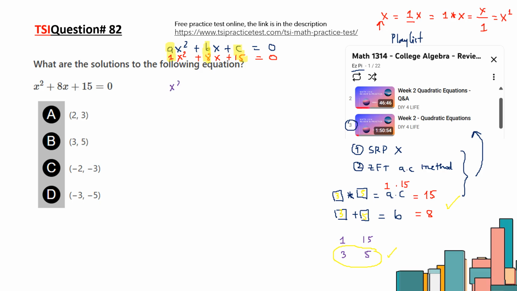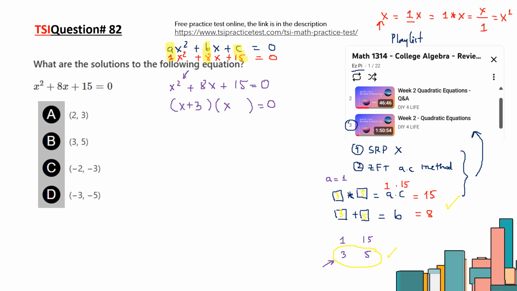So we have x squared plus ax plus 15 equals 0. Because the highest degree here is 2, you have 2 factors. The coefficient A is 1, so we just write x like this, and then whatever numbers you found, you plug them in. If you see positive 3, make it positive 3.